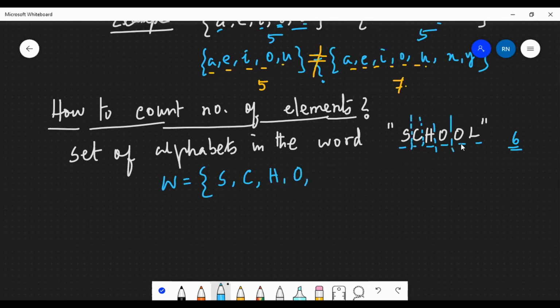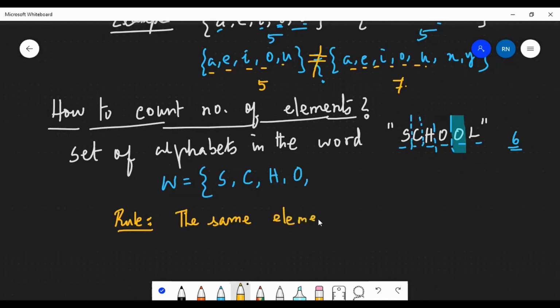The next letter O, here is where you have to be careful. This O is already there, listed in the set, and we will not write it twice. So here there is a rule. What is the rule you are following? The same element will not be written more than once.